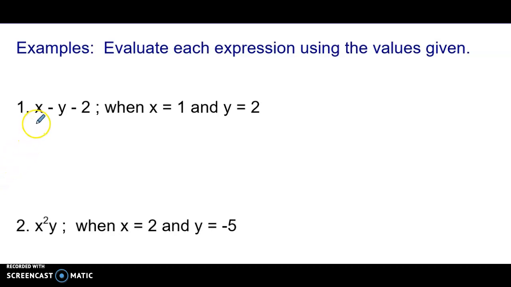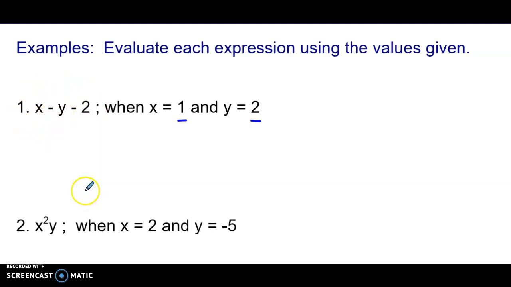Okay, so number one, we have x minus y minus 2 when x equals 1 and y equals 2. All right, so if we're going to evaluate this expression, this is an expression. There's no equal sign, there's just variables and numbers.